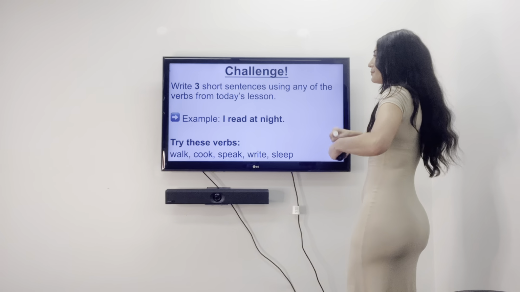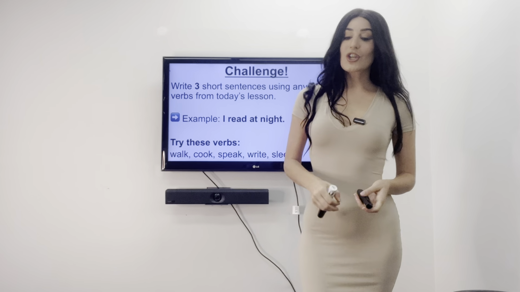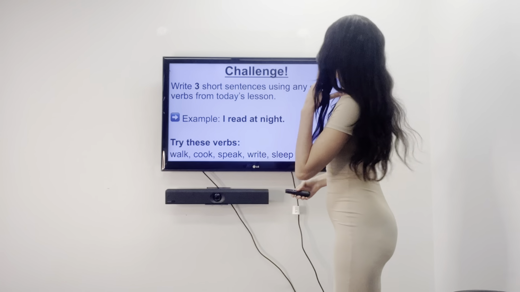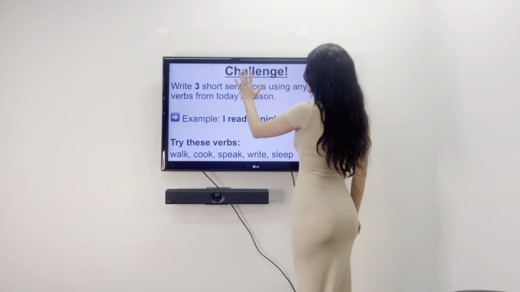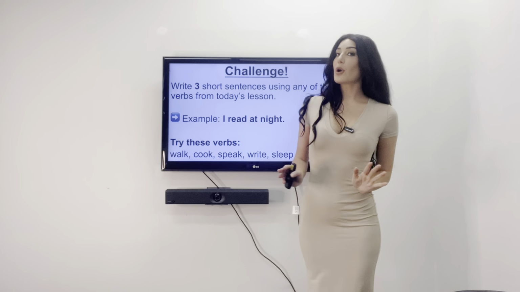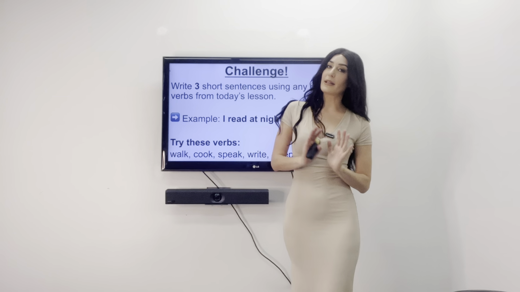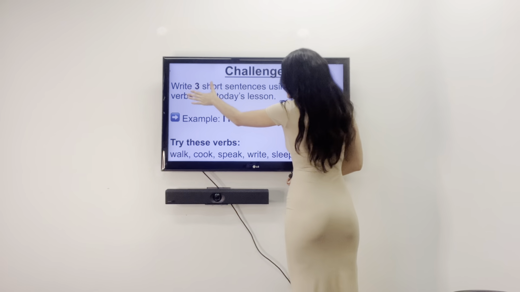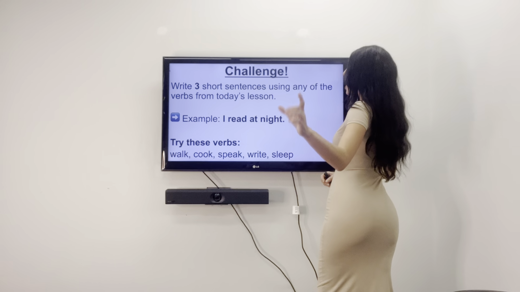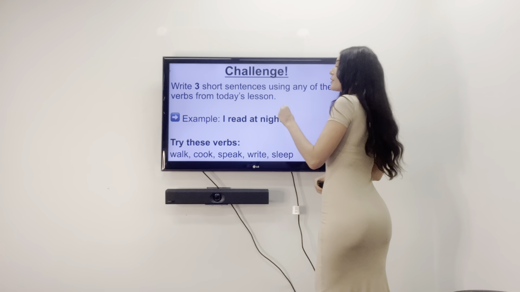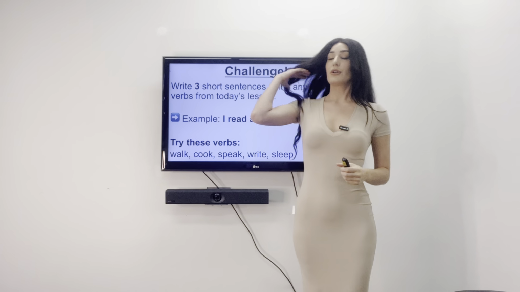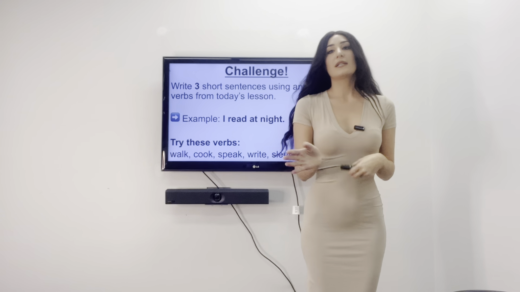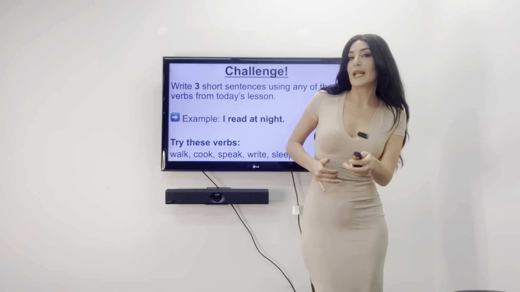And let's move on. Your challenge, everybody. Your challenge is to write 3 short sentences. So I'm not looking for long, complicated sentences. I just want you to practice. So 3 short sentences using any of the verbs from today's lesson. So today we looked at eat, sleep, write, read.